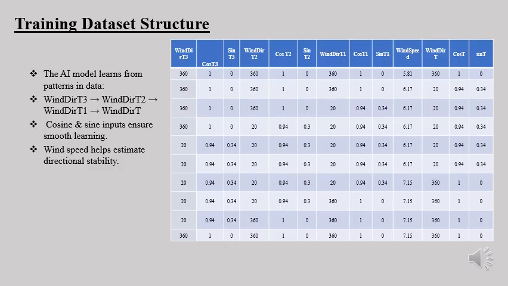Based on these three wind directions, AI learns how wind direction actually changes. We also use sine and cosine data to handle the circular nature of angle, and wind speed data to help estimate directional stability.